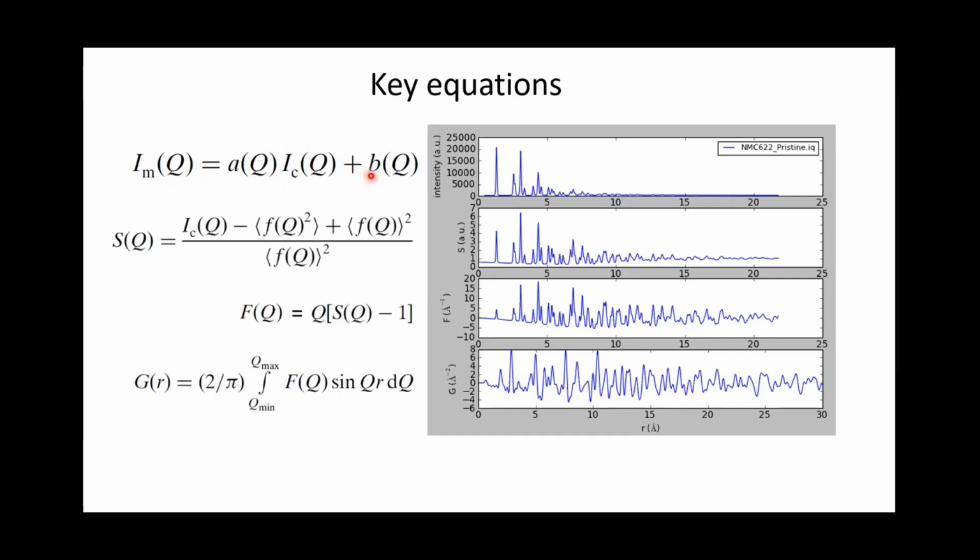B stands for background, because when X-rays shine on a sample, it does a lot of things, not just coherent elastic scattering, but also coherent inelastic scattering, incoherent elastic scattering, and incoherent inelastic scattering. All this kind of scattering is counted into the total intensity you measure. And that part has nothing to do with the structural features and will not help you with solving the structure you want to understand.